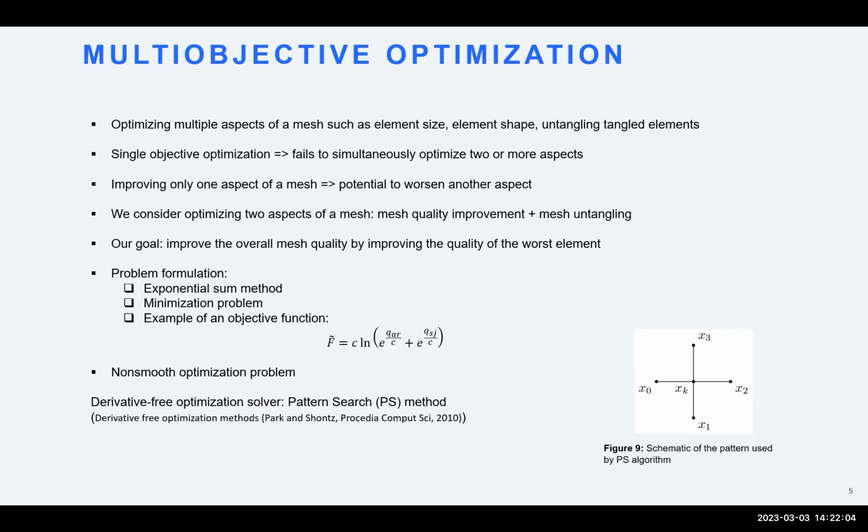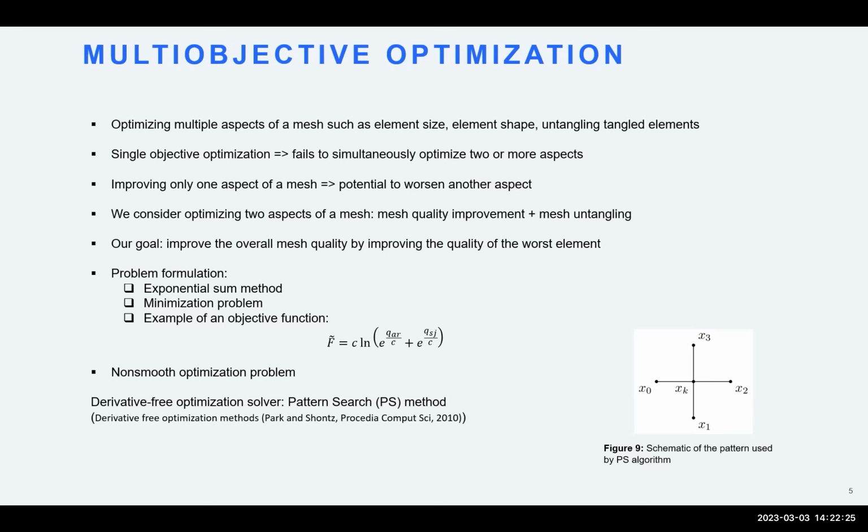That is the objective function that is built by using the aspect ratio metric and the scaled Jacobian metric, which explicitly measures the tangling aspect of our mesh. Aspect ratio is concerned with the smoothness or non-smoothness of the problem.